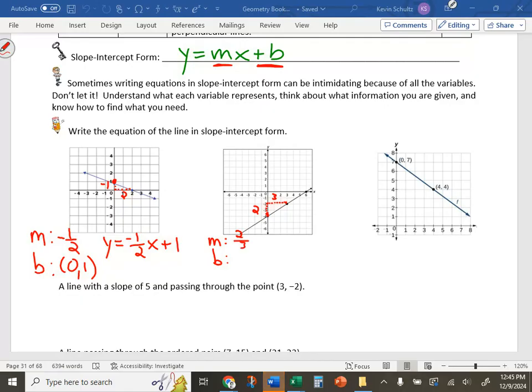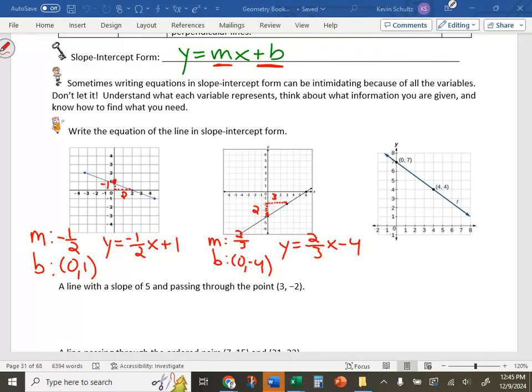And this time it's positive because we went up and over instead of down and over. Right? Where does this line cross the y-axis? -4. So our equation, y equals our slope 2/3 x, and then -4. If it doesn't ring a bell, that's why we review.